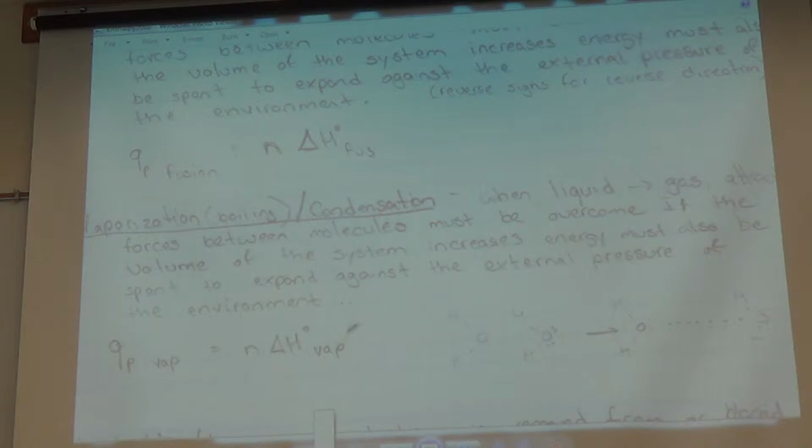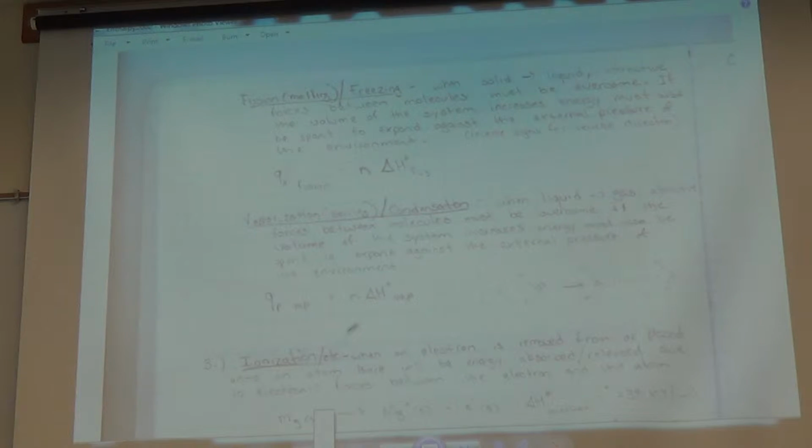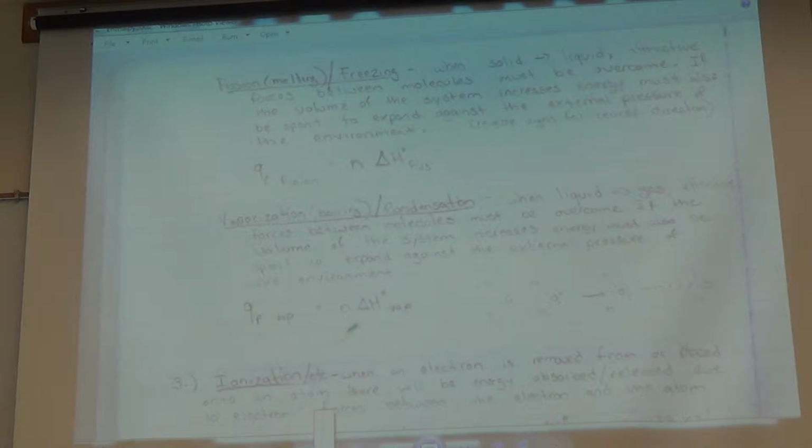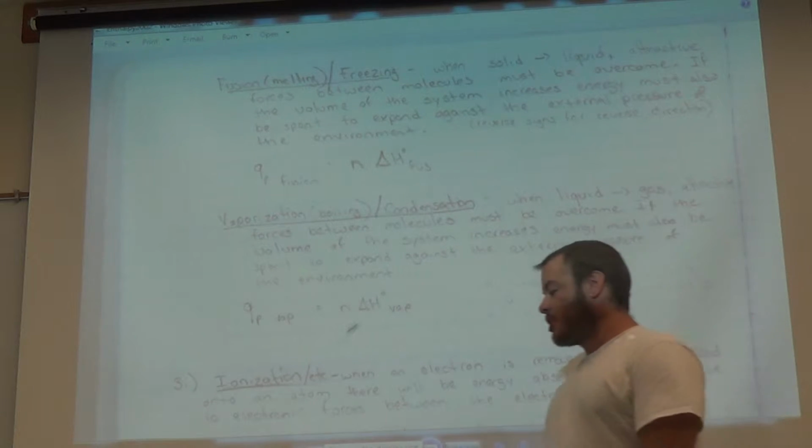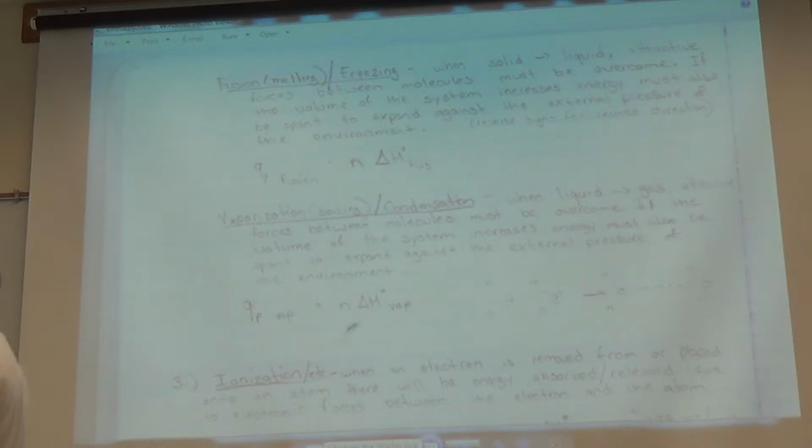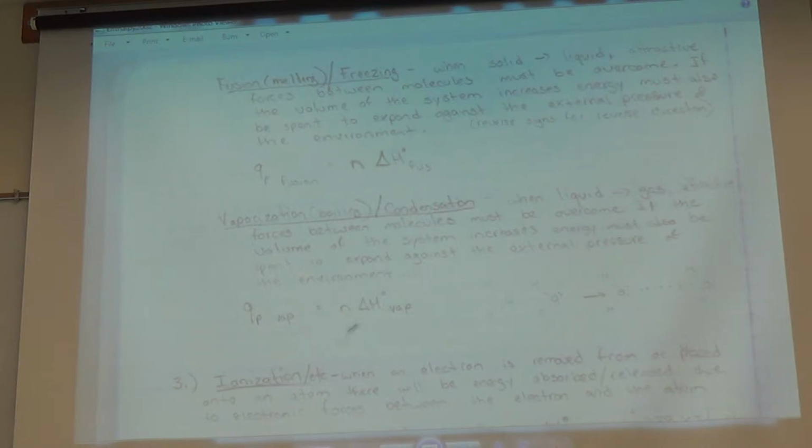We'll go through them one at a time real quickly. In melting and freezing, you're going from the solid to the liquid phase. The opposite is moving from the liquid phase to the solid phase. So fusion is melting, and freezing is going from liquid to solid. The biggest chunk of the energy involved in those transitions is the energy associated with separating the molecules away from their intermolecular forces.